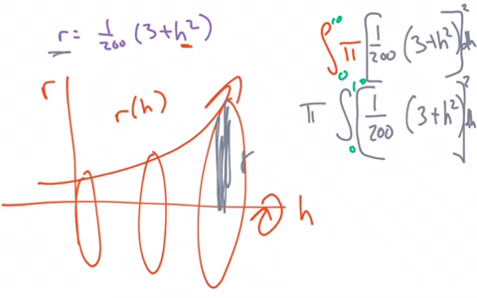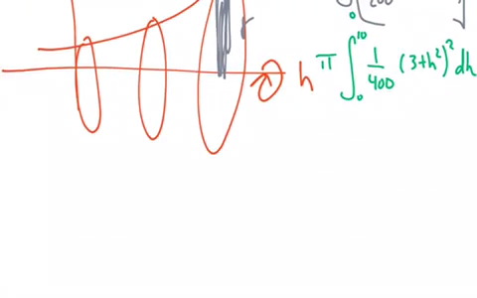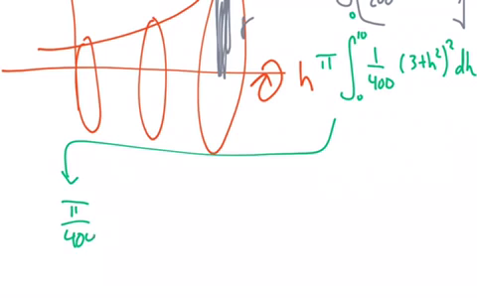If we do that, then when we square it, we get pi times the integral from 0 to 10 of 1 over 400, since I'm just squaring 1 over 200, times (3 plus h squared) squared dh. From here, we end up with pi over 400, which we can take out, times the integral from 0 to 10.